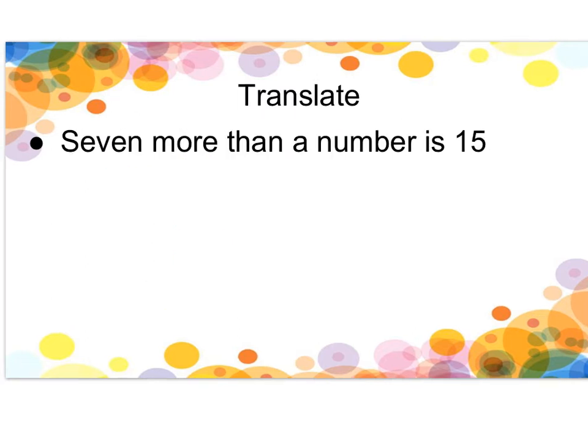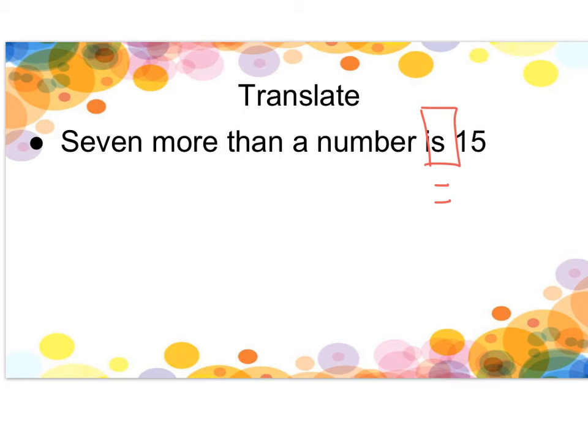This problem is just a bit different from the others we've seen so far because we have the word is. The word is represents an equal sign, so this is actually going to give me an equation, not an expression. So my equal sign is going to go under the is. Otherwise, I can go ahead and do this just like I've done the others. So I'm looking for the operation, and I'm going to circle that.